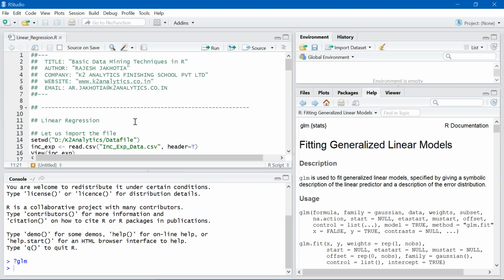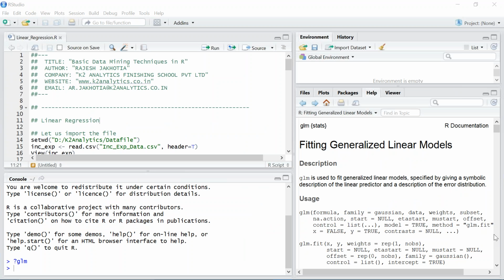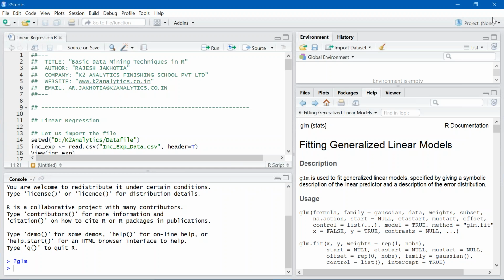So let's start with the linear regression. All of you, just open the linear regression code file that I have given. The first step is to set your working directory to the folder where the data file is stored. The data file which I have shared, put in some folder and set your working directory. For me, the data file is in the DK2 analytics data file folder.